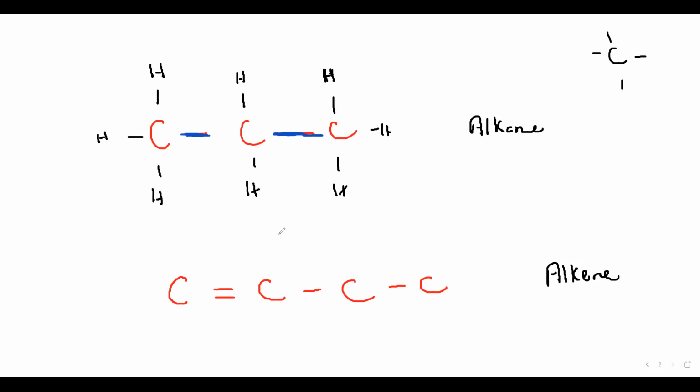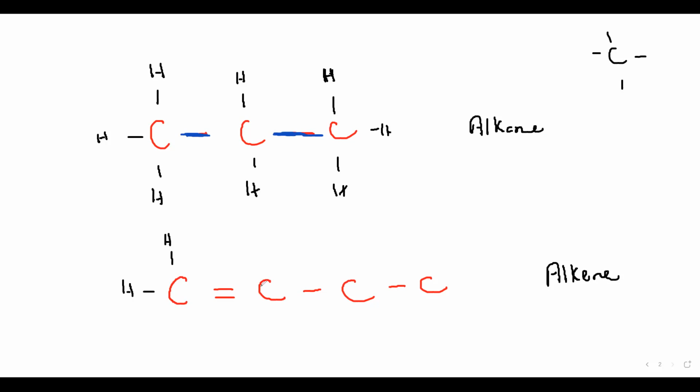And now we have to complete the structure. How to complete a structure? Carbon can form a maximum of four bonds. So on the left hand side carbon, two are already formed. How many hydrogen can it have? If two are already formed, how many hydrogen can it adjust? It can adjust only two. So this will have two hydrogen.